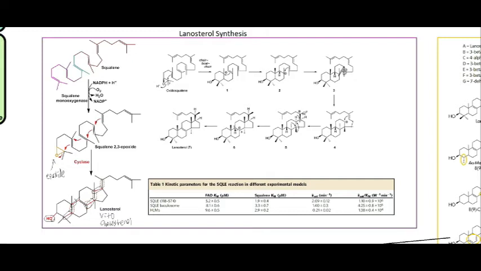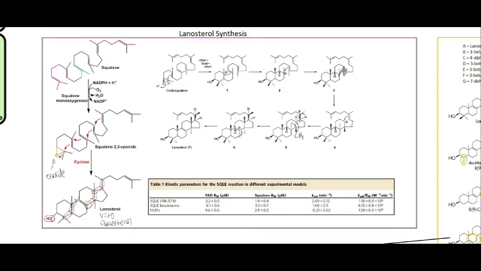This hydrogen here is moving over there, and this methyl group, a CH3, is moving up to there. This methyl group is moving down there, so we have a bunch of methyls moving around. Now our positive charge is here.